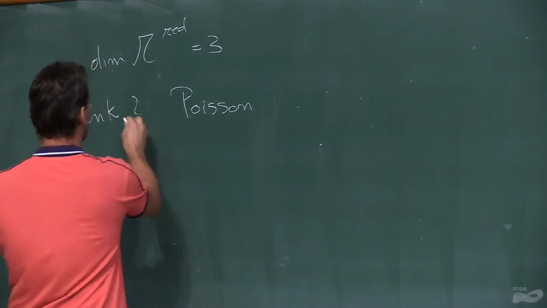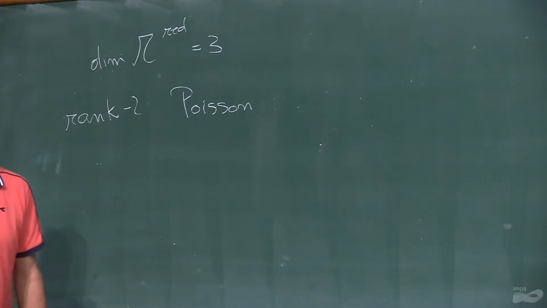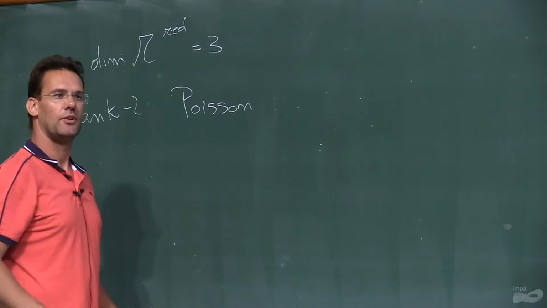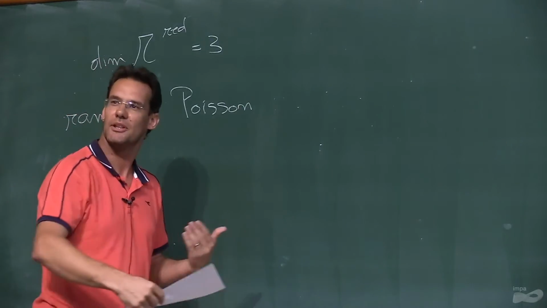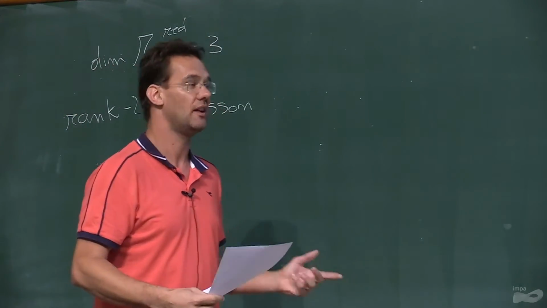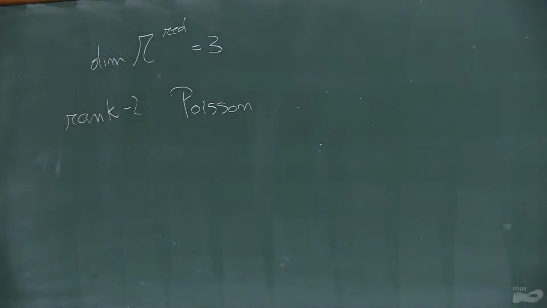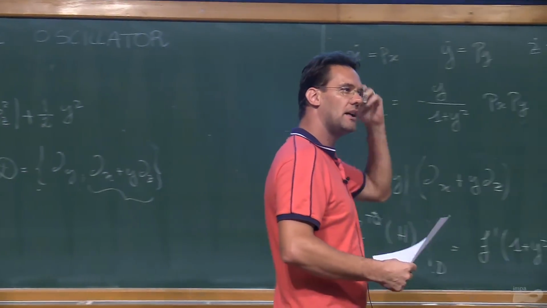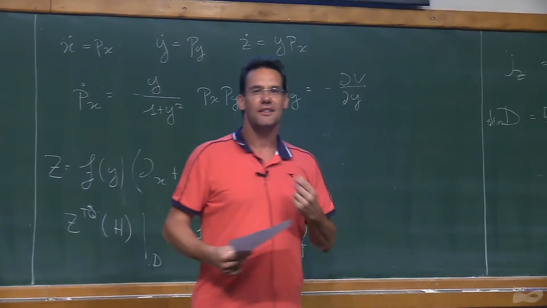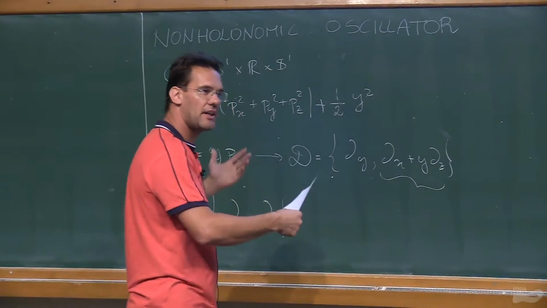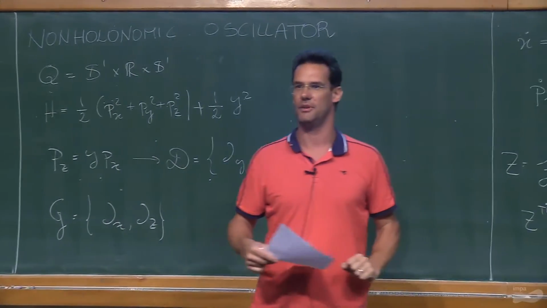So it is of rank 2, which is also related to the dimension, of course. And it can be written explicitly. So in this case, one can also use Hamiltonian techniques to prove integrability, and the results are exactly the same. So these systems are not Hamiltonian, but they have a flavor of Hamiltonianity somehow after reduction maybe, or because of integrability.